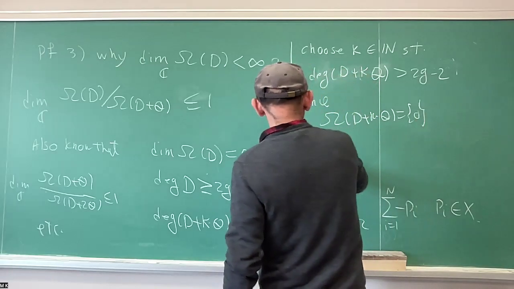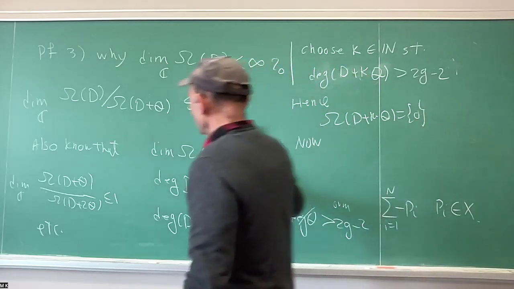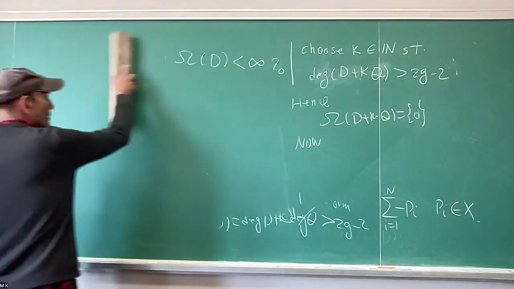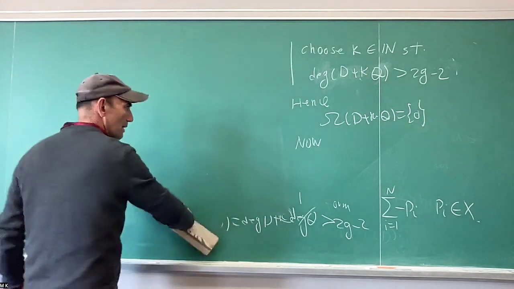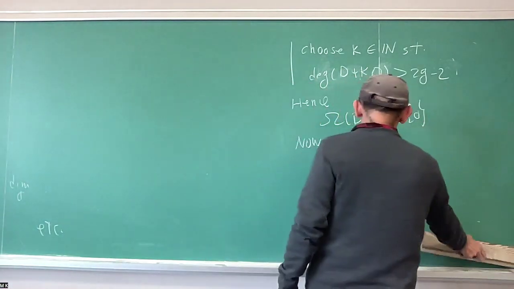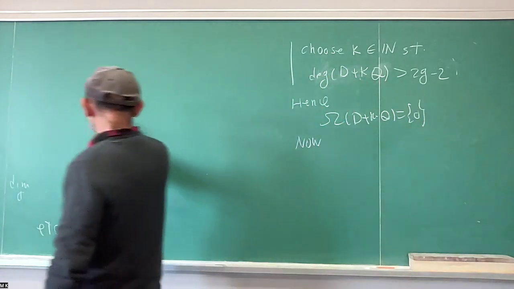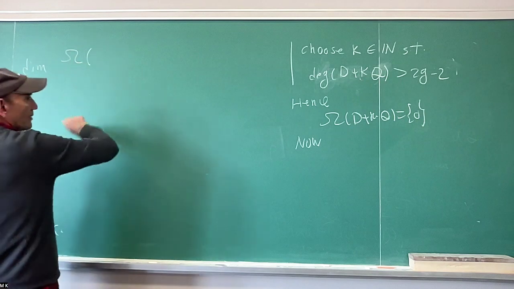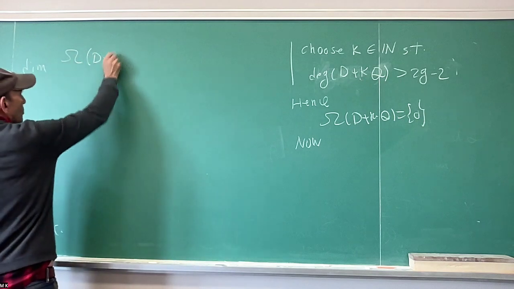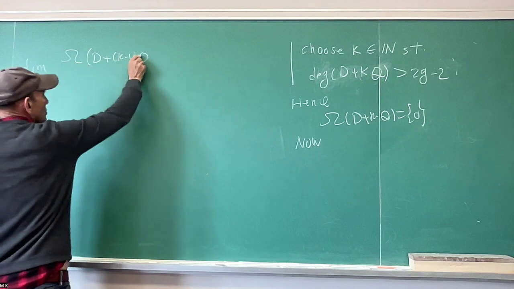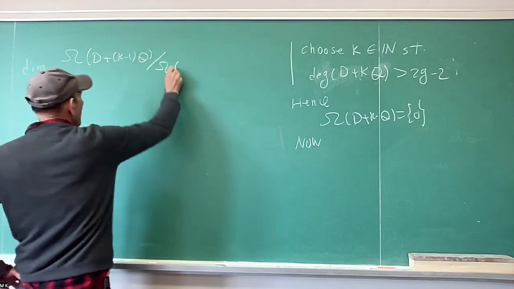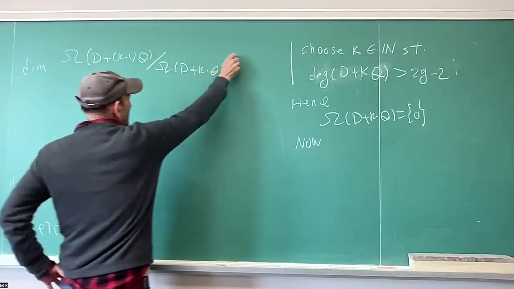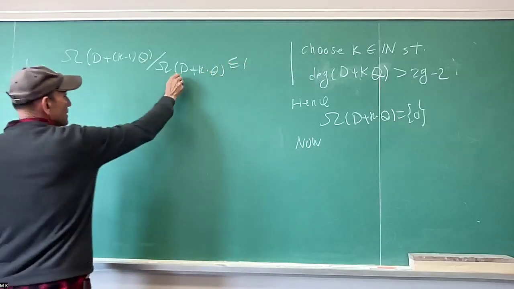Now, you just continue the chain, you go upward this time. The dimension of omega of D plus (k minus 1)Q divided by omega of D plus kQ is less than or equal to 1, and this is equal to 0.